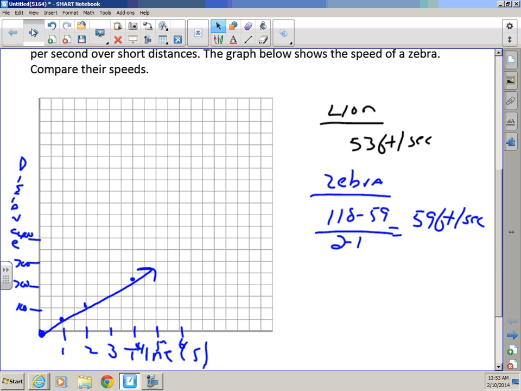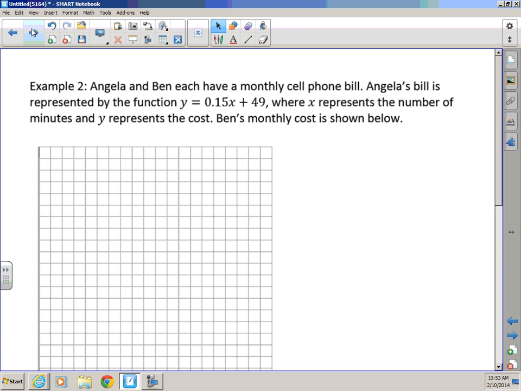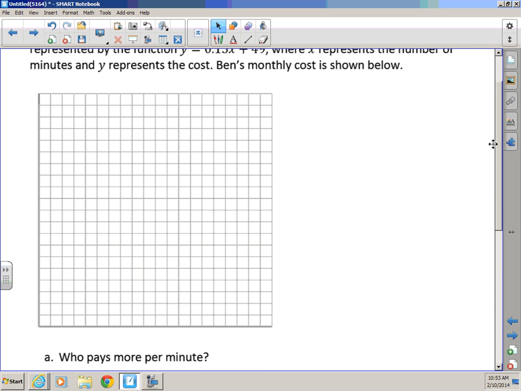Now let's go to the next example. I have 2 cell phone plans. Angela, where I give you an equation, and Ben, where I give you the graph. So let's go to Ben's. I'm going to put minutes here. I'm going to count by 40s. So 40, 80, 120, 160.